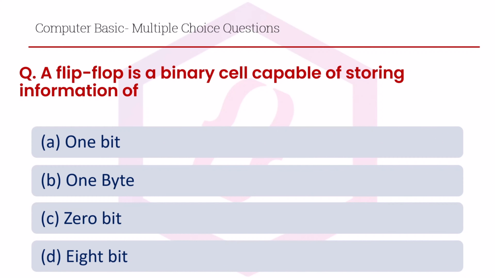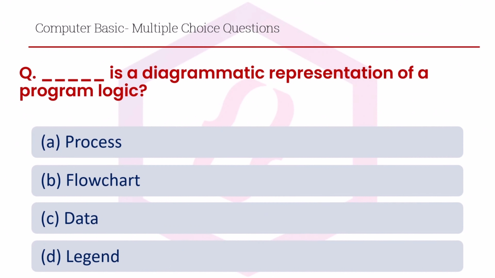A flip-flop is a binary cell capable of storing information of 1 bit, 1 byte, 0 bit, 8 bit. And the correct answer is option A, 1 bit. Diagrammatic representation of a program logic, process, flowchart, data, legend. And the correct answer is option B, flowchart.